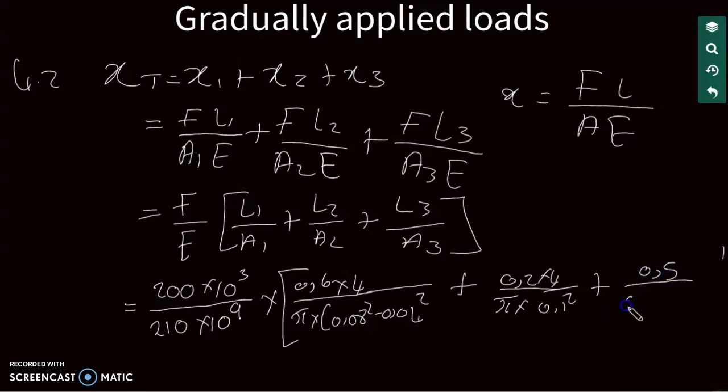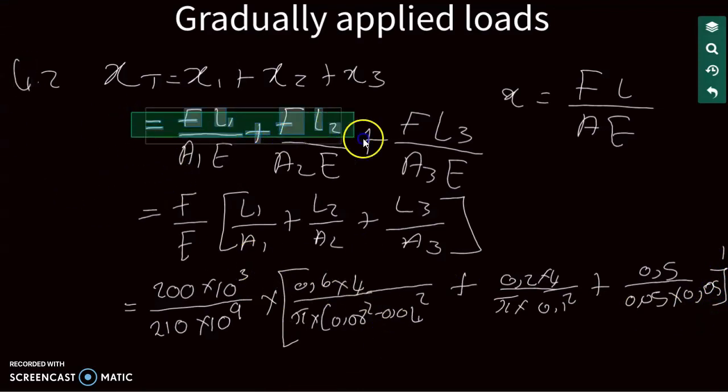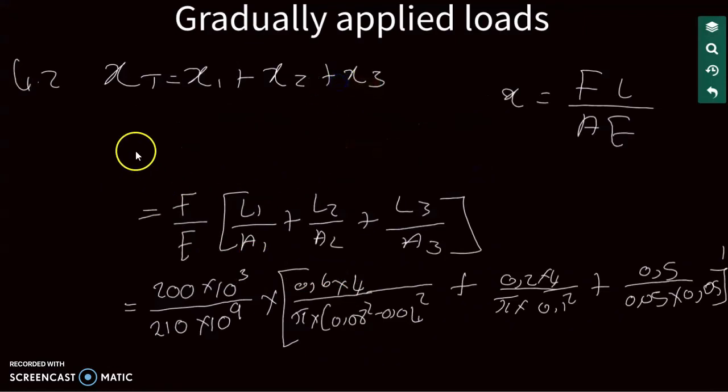What is our area? Remember here we're dealing with an object with a square cross-sectional area, which is 50 millimeters by 50 millimeters, 0.05 times 0.05. Close the bracket.